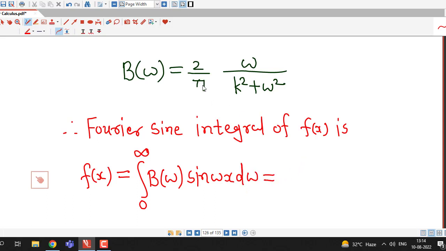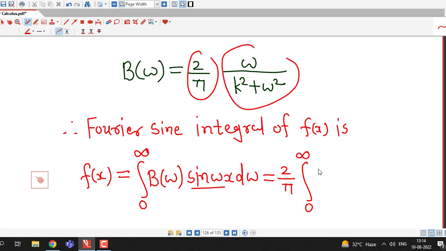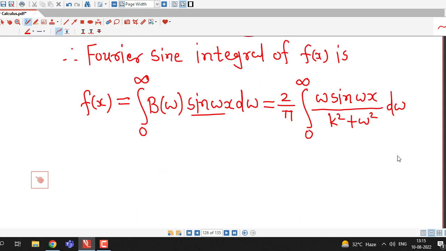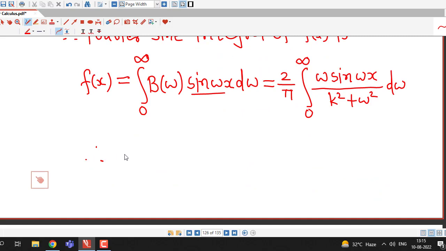This 2 by pi is independent of omega, so we write it directly outside the integral, and sine(omega x) into this quantity, so we can write omega sine(omega x) divided by k square plus omega square d omega, and our function f(x) is e raised to minus kx.